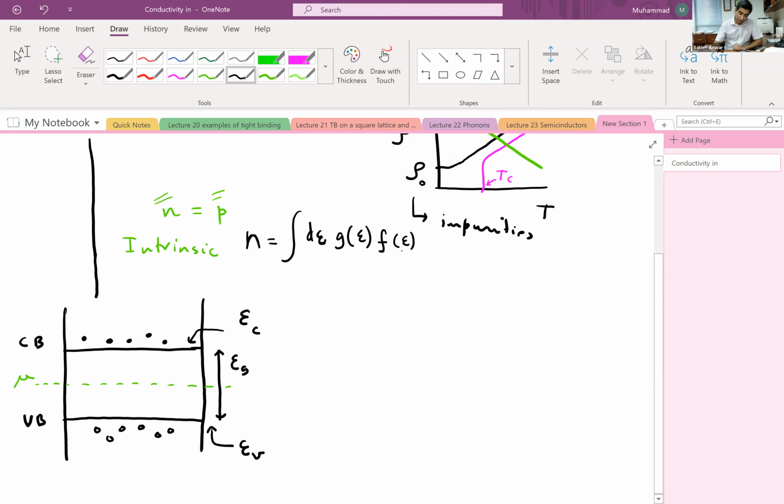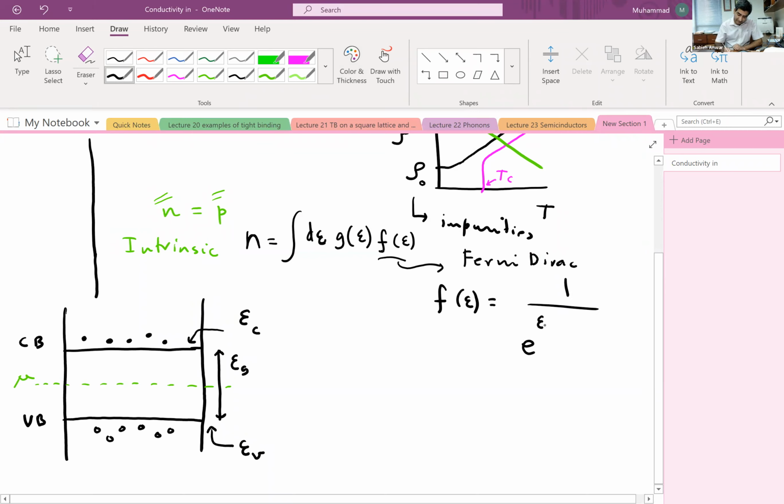And since I'm talking of electrons here, this is the Fermi Dirac distribution, which is given by 1 over e raised to the power (E minus the chemical potential mu) over k_B T, plus 1. And I can express this in shorthand as e raised to the power beta (E minus mu), plus 1.